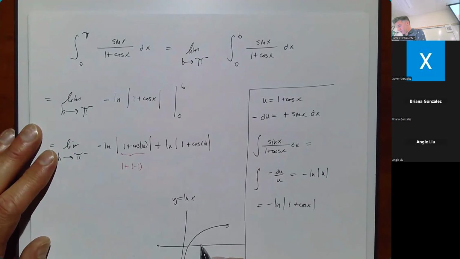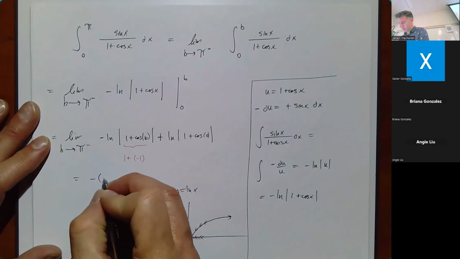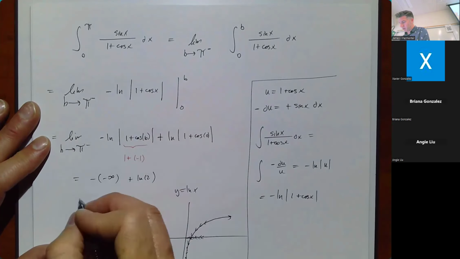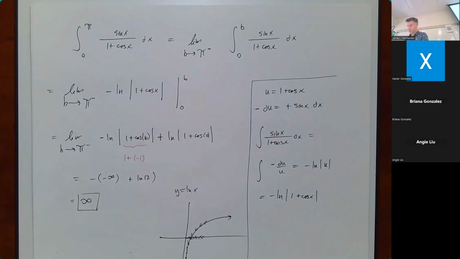So as the x values get closer and closer to 0, the y values go to negative infinity. So here we're going to get negative infinity plus the natural log of 2, which is just going to be infinity. So this integral diverges to infinity.